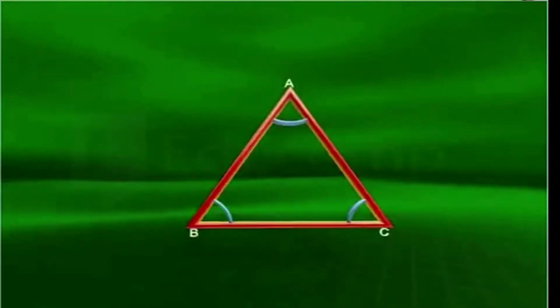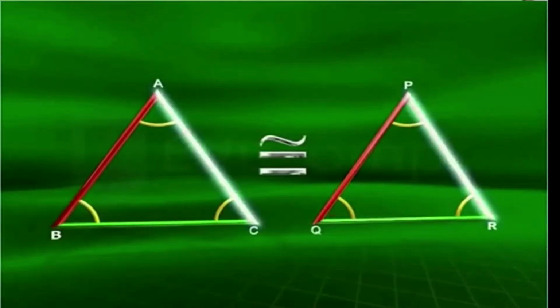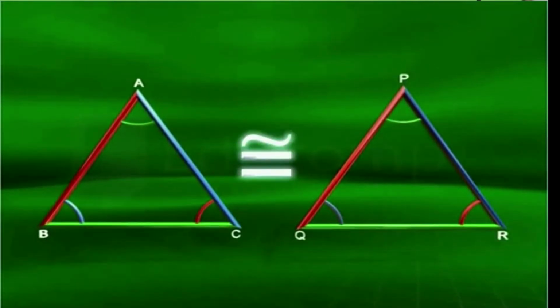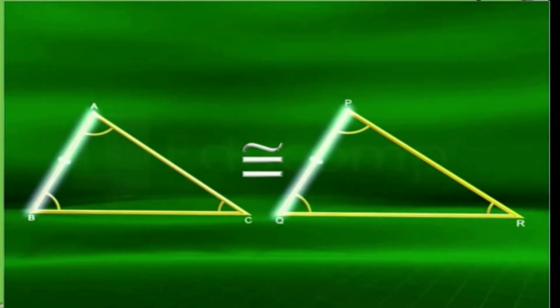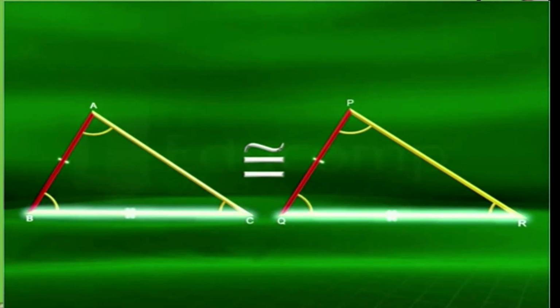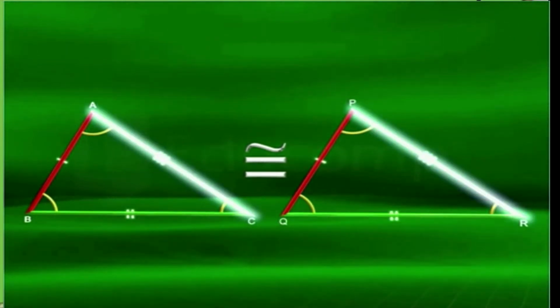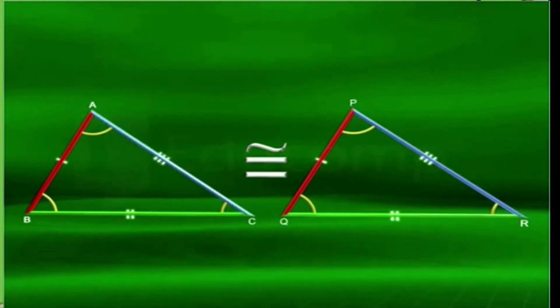2 triangles are congruent if corresponding sides and angles are equal. Side AB corresponds to side PQ. Side BC corresponds to side QR. Side AC corresponds to side PR.